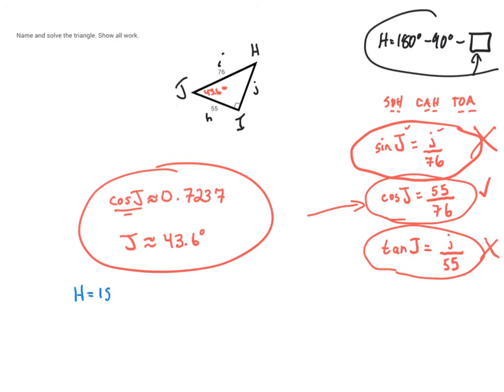H equals 180 degrees minus 90 degrees minus 43.6 degrees. And if I'm not mistaken, that will just be 46.4 degrees. Write that in here, 46.4 degrees.